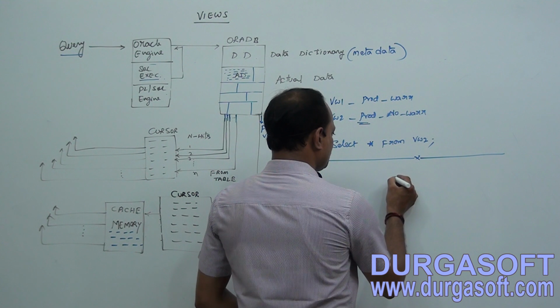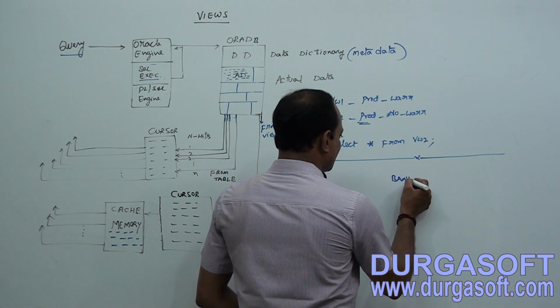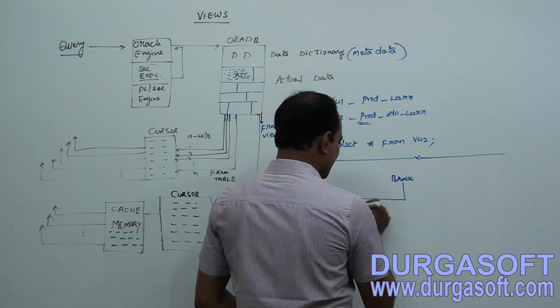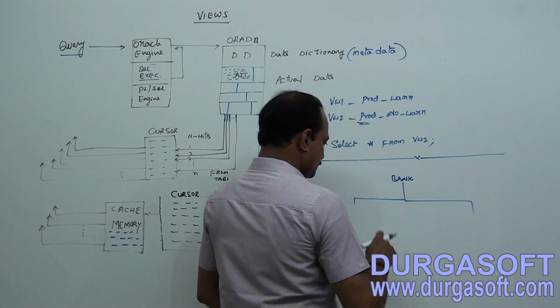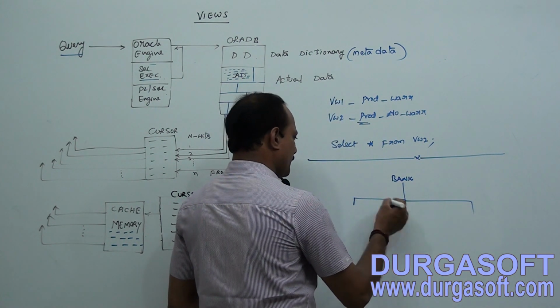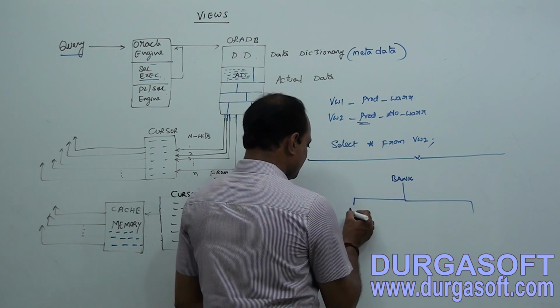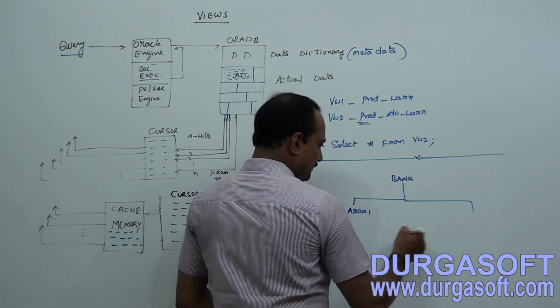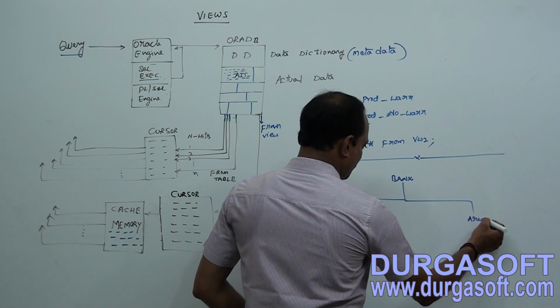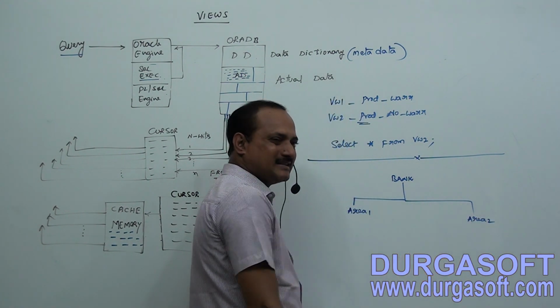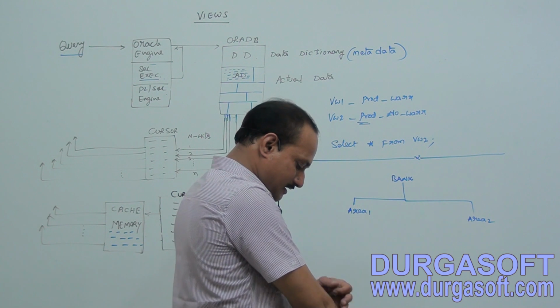Here, one bank is there. Let us consider 2 cities. One city is there, and under one city, 2 areas: area 1 and area 2, or region 1 and region 2, whatever it is.